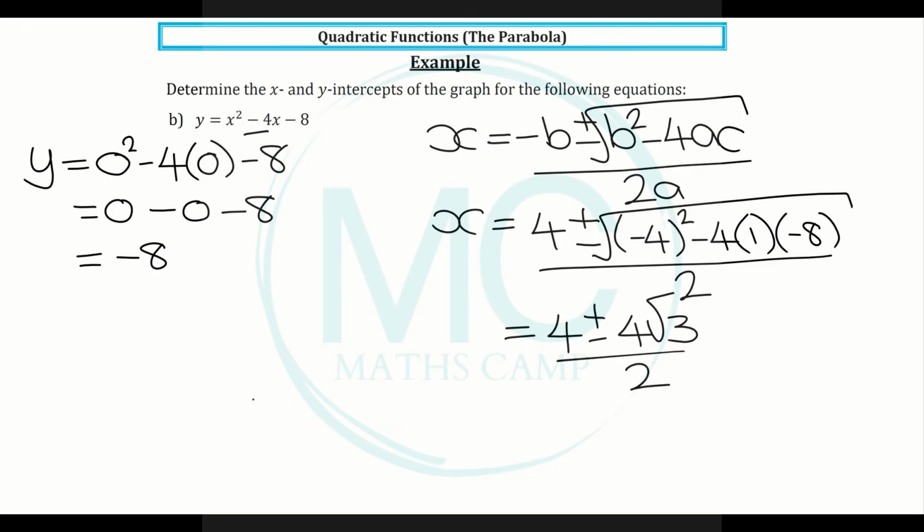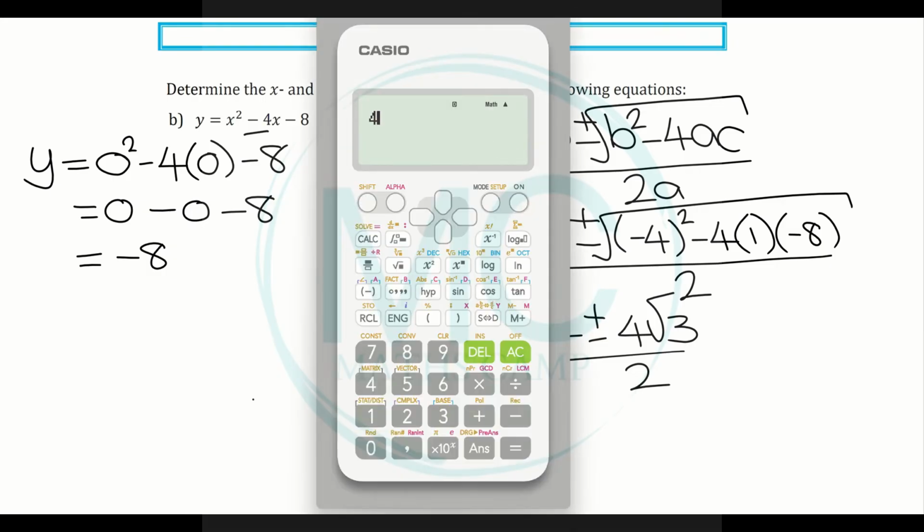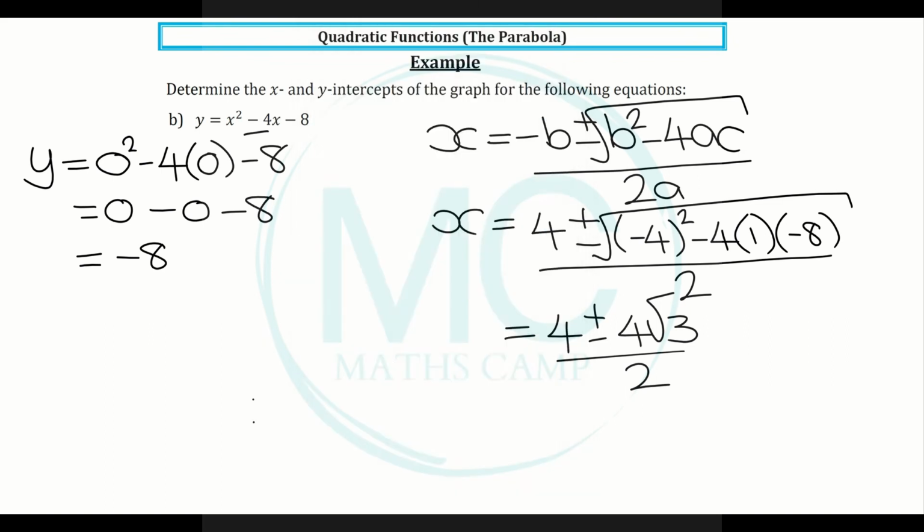To find the actual values of x, use your calculator. Let's start with a plus sign in the numerator. So I'm going to say 4 plus 4 root 3, divide this by 2, is equal to 2 plus 2 root 3. This is one of my x-intercepts, 2 plus 2 root 3.